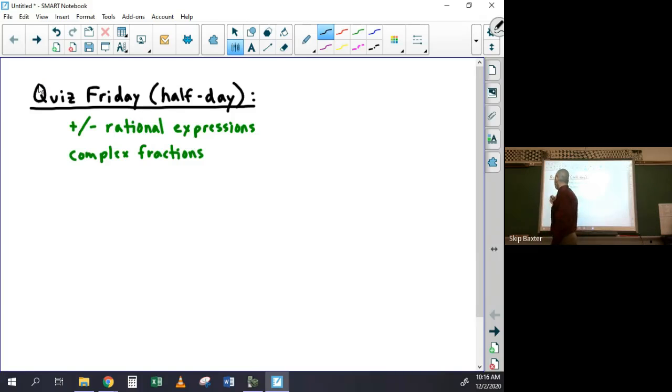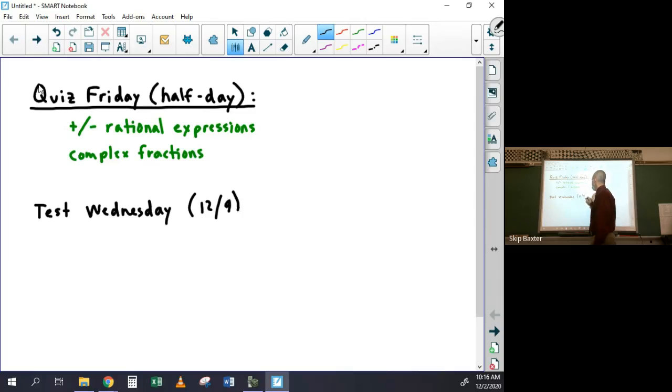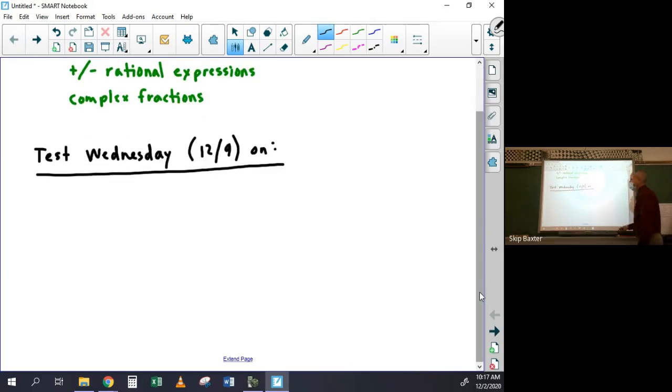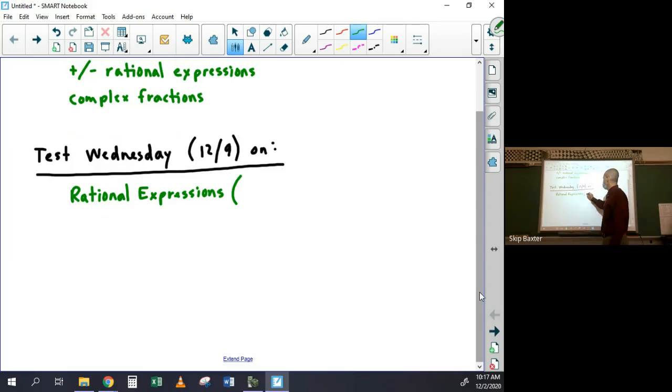In addition to that, there's a test next Wednesday, which is the 9th. And it's just on everything we've done since the last test. So this includes rational expressions, including simplifying, multiplying, dividing, adding, and subtracting.